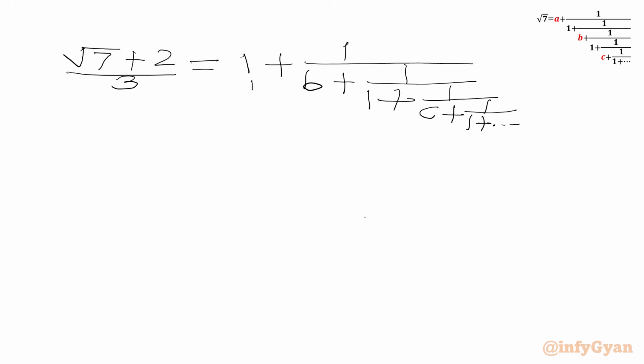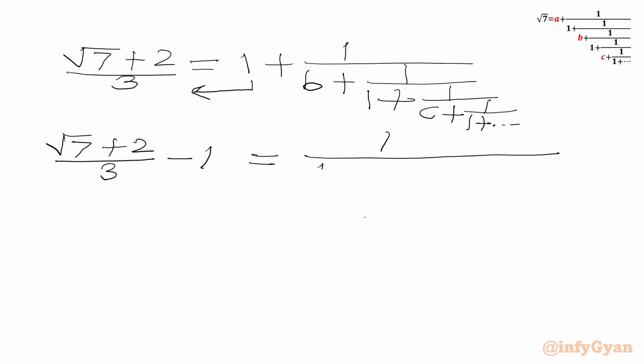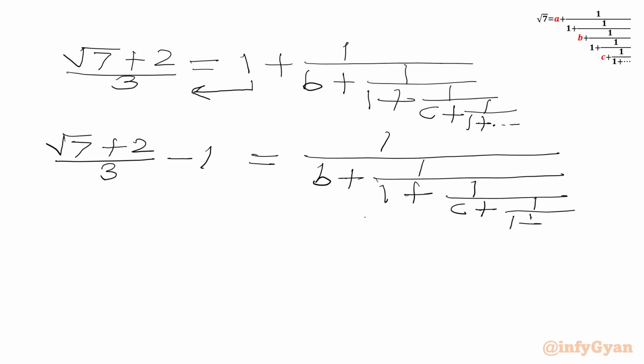Now we will subtract 1 from both the sides. So we can write square root 7 plus 2 over 3 minus 1 in LHS. And in RHS we will be writing 1 over b plus 1 over 1 plus 1 over c plus 1 over 1 plus up to infinity.